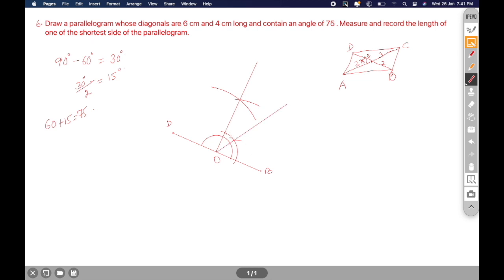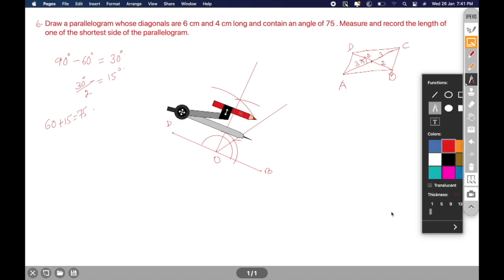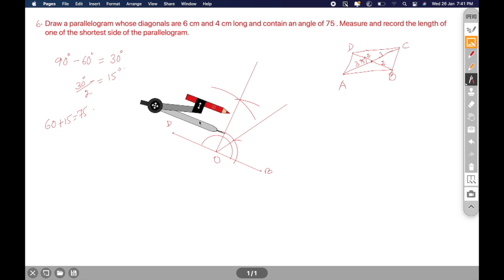Now this remaining 30 degree is to be bisected. So we will take the compass again and with this point as the center and any radius, we will cut an arc here inside this 30 degree angle.